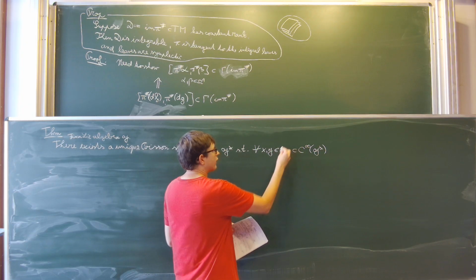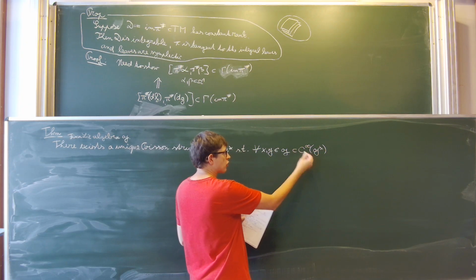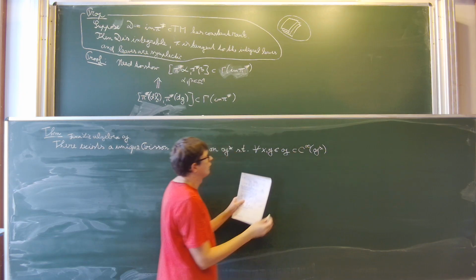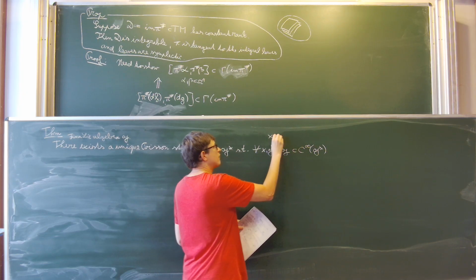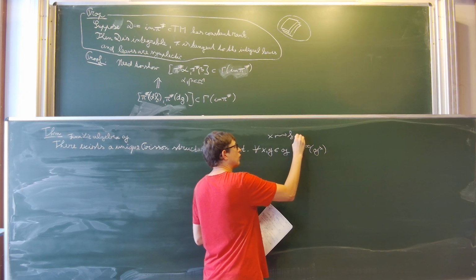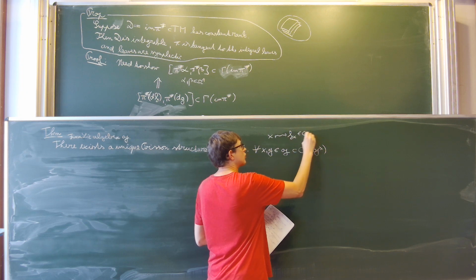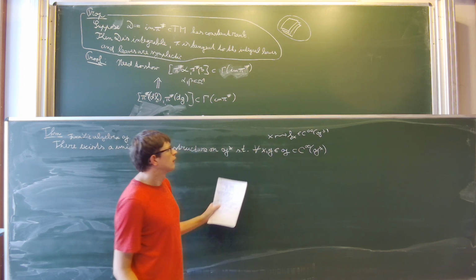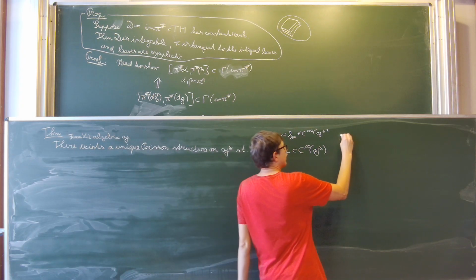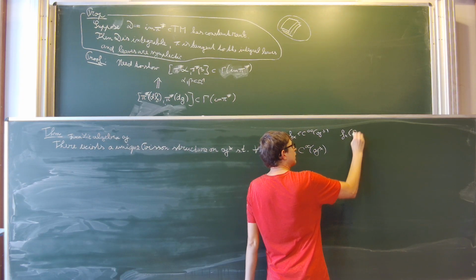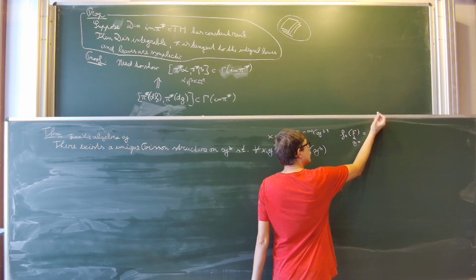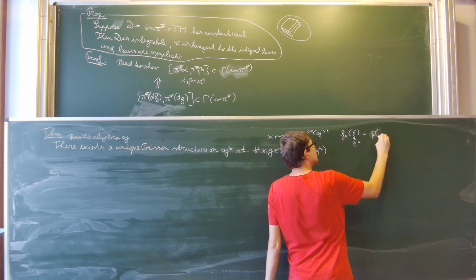Any x gives me a function, which I would call f of x, on G star, defined by the fact that at a point xi, an element of G star, it is just the evaluation of xi on x.